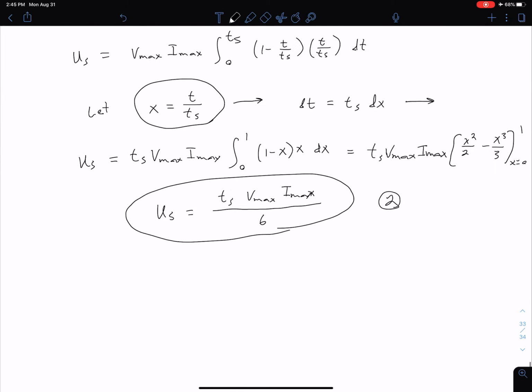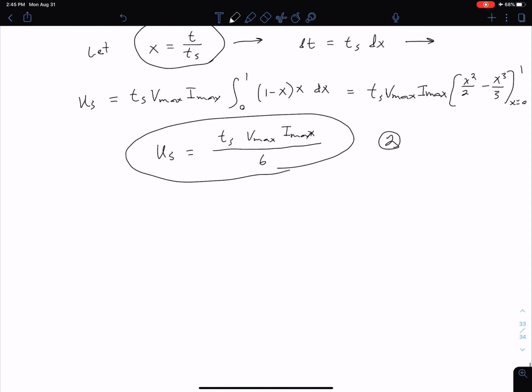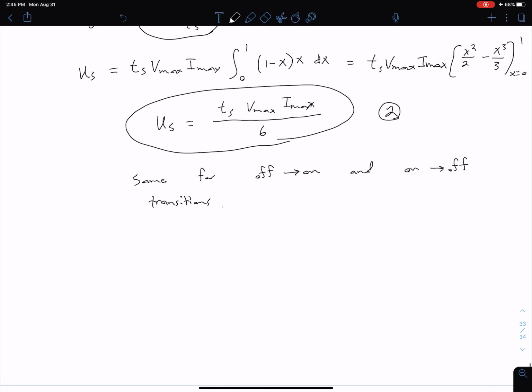Let me say explicitly, we're saying the same for our off to on and our on to off transitions. Now we want to consider while the device is on.